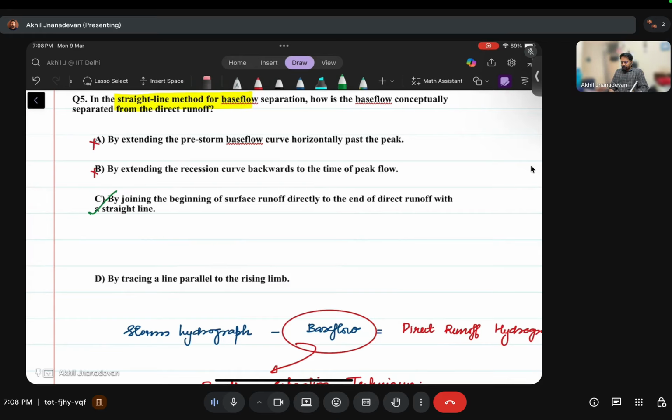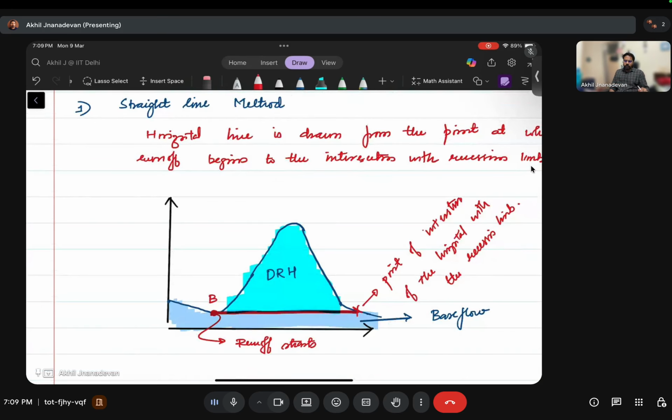And by tracing a line parallel to the rising limb, no. The correct answer is by drawing a horizontal from the point of starting of the direct runoff. Whatever is below that we are taking as base flow, and the remaining one will be our direct runoff hydrograph.